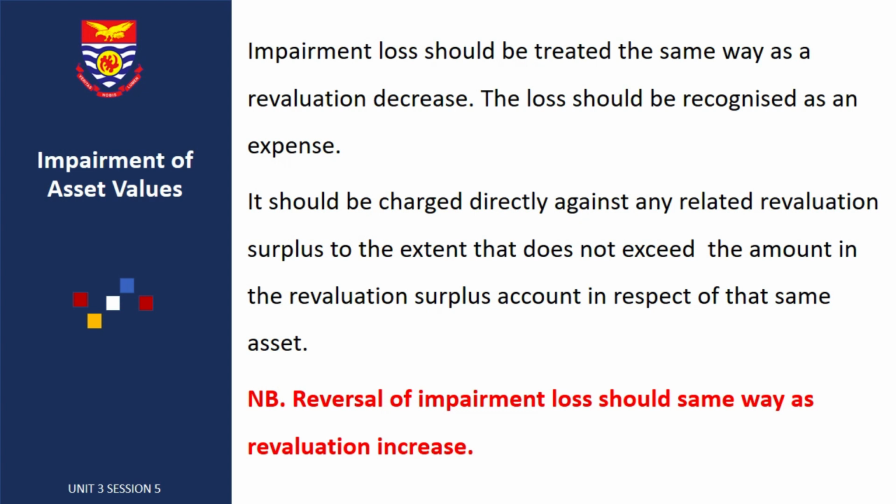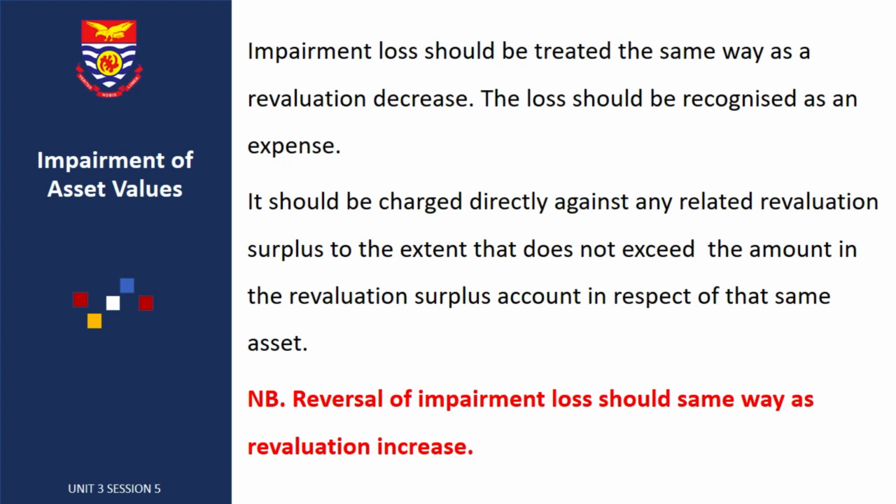So if there is impairment loss and you have revalued that asset, which is having a revaluation surplus, you use the impairment loss against it to the extent that it can absorb. If it cannot absorb, the excess amount goes to the profit or loss account.